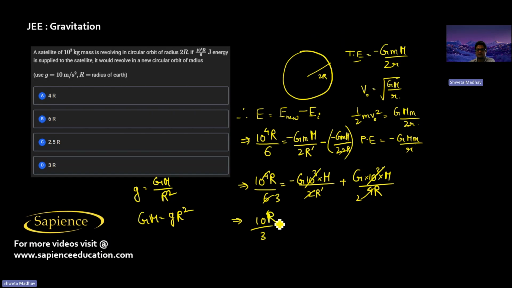So this is 10 r by 3, that is equal to minus g r square by r dash plus g r square by 2r. So from here, one of the r also will get cancelled. This 10 by 3 equals minus g into 10 r by r dash plus g into 10 by 2, that is 5.